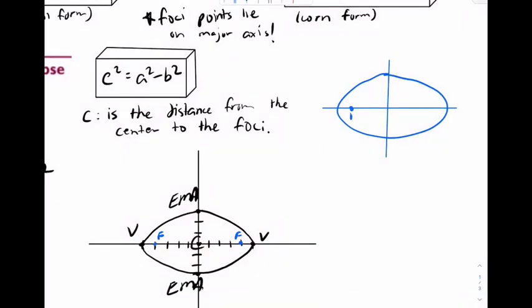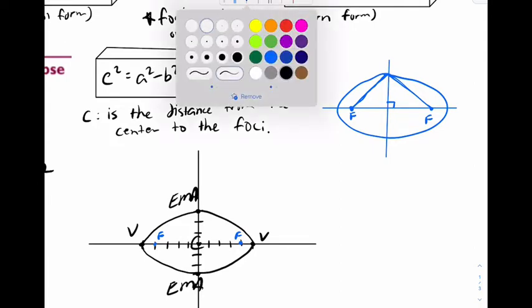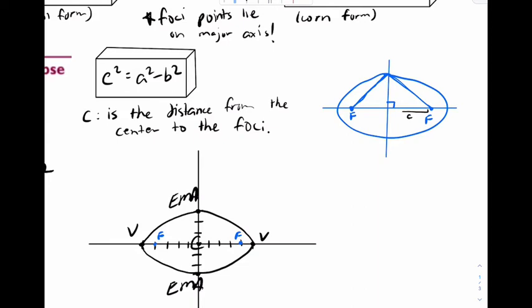If I have a focus here, and a focus here, I'm going to draw that in here. By doing that, I create a nice right triangle. I know that this distance right here is C, from here to here, and this is my V, this is my co-vertex, which means this distance right here is B. The only issue is I don't know this thing. This is a question mark.